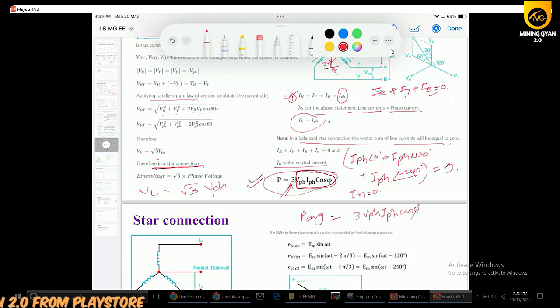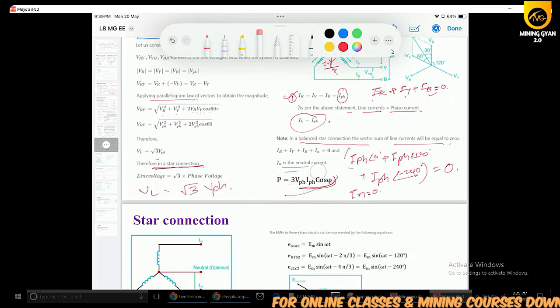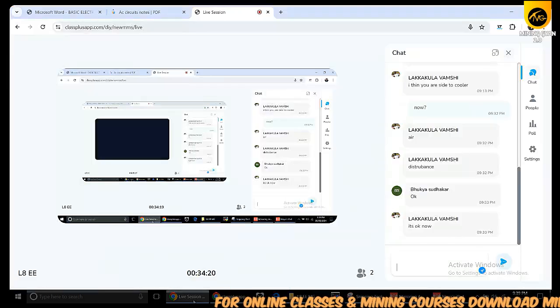Otherwise, you can write it like this also: root 3 VL IL cos phi for average power calculation. These two are the formulas to calculate RMS or average power in a three-phase circuit. Have you understood?